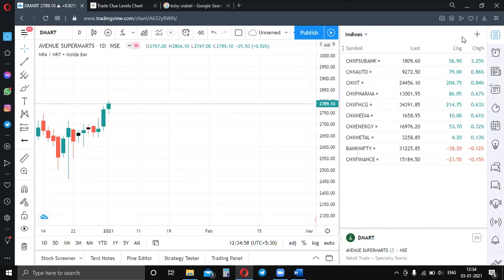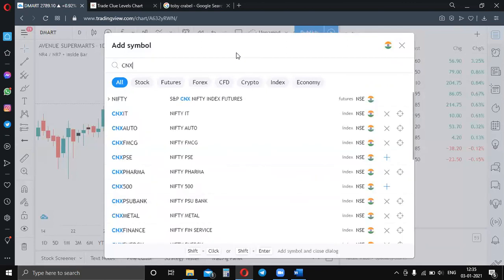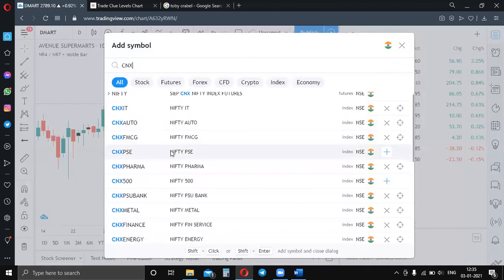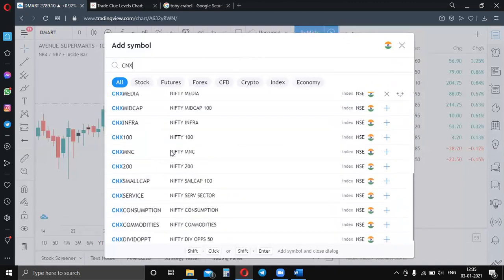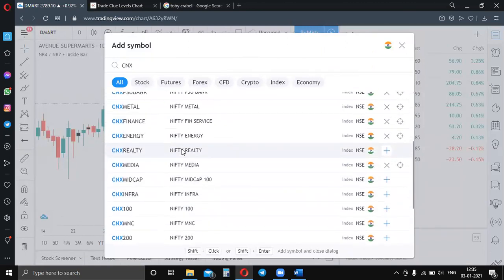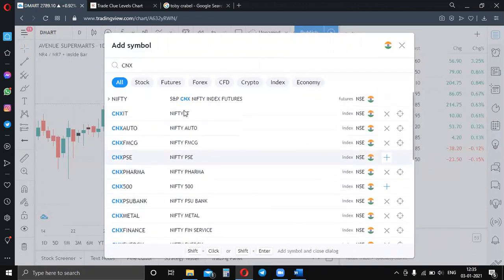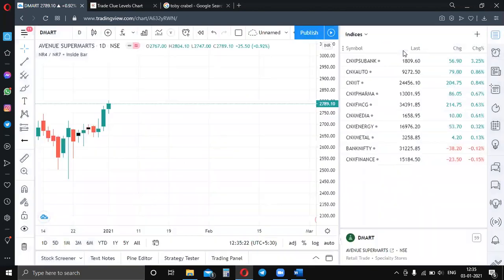And in that index list, if I want to add particular indices, you need to type CNX. If you type CNX, you will get all the different indices. There is infra, media, realty, energy, services, metal, pharma, auto, FMCG.